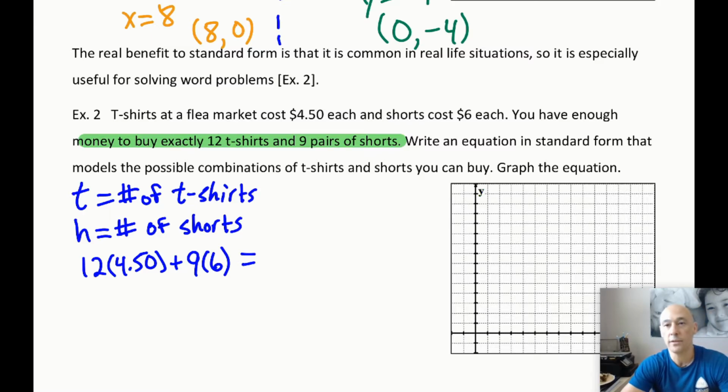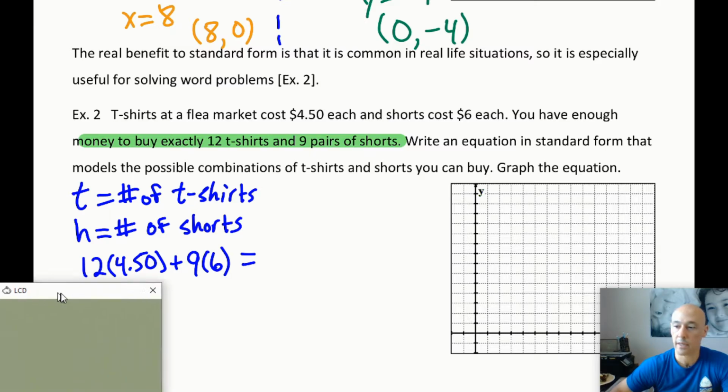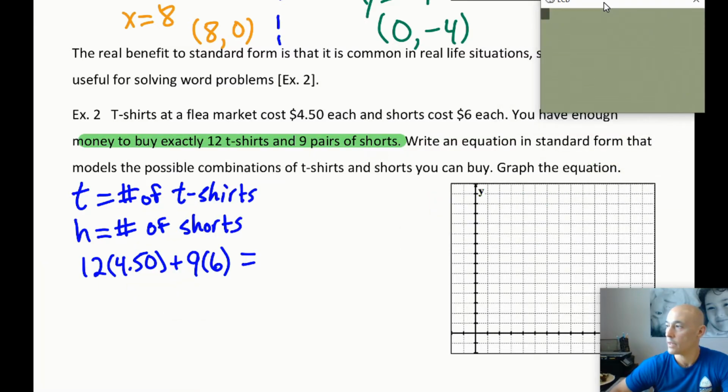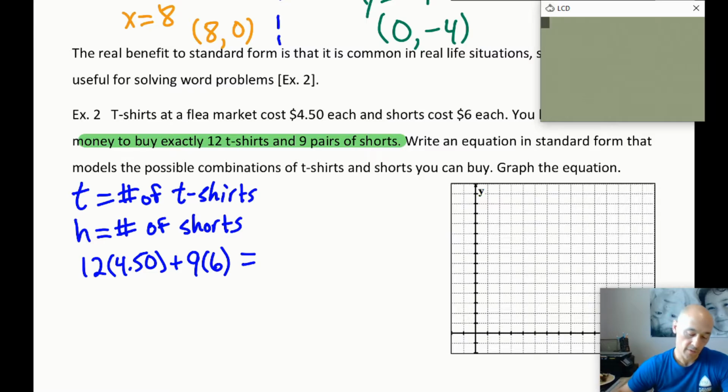So if I do that on a calculator, let's go ahead and do that now. So bring that calculator over here, and we've got 12 times 4.5 plus 9 times 6, and that turns out to be $108.